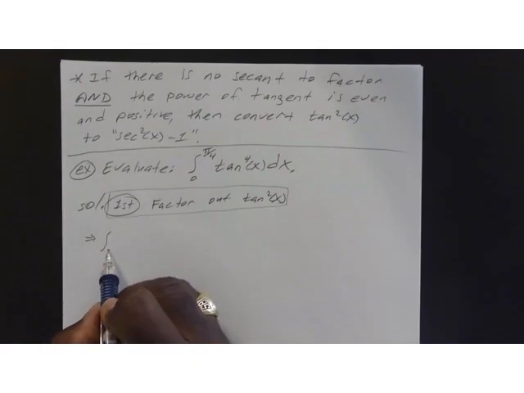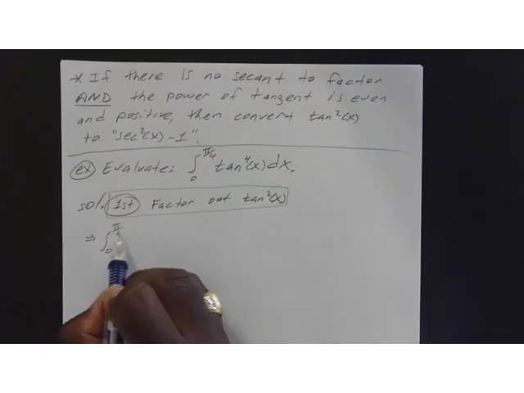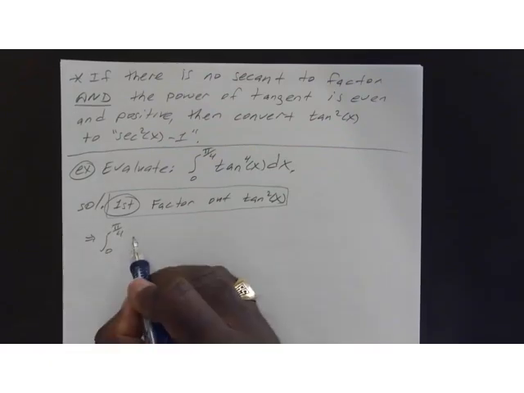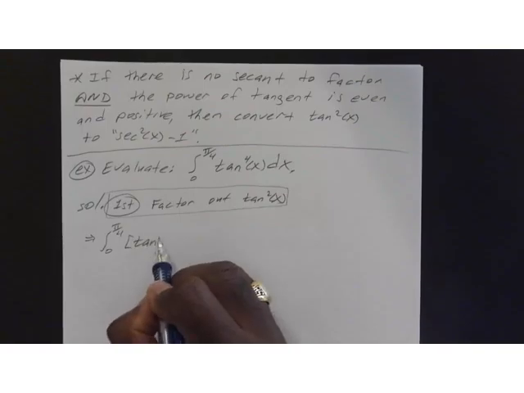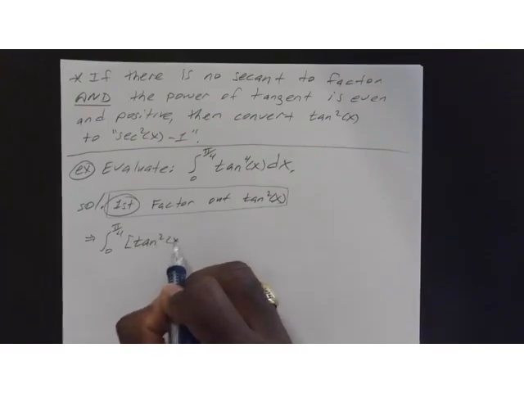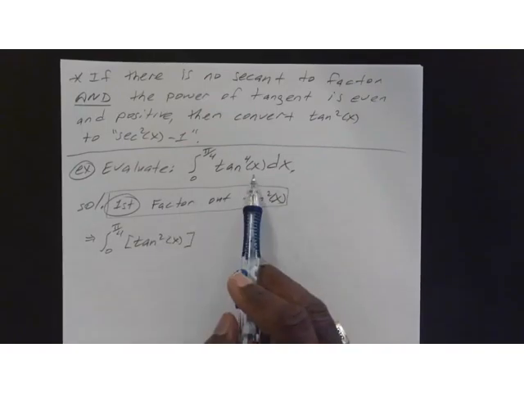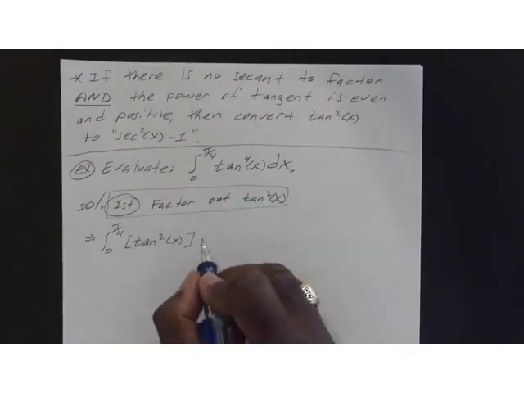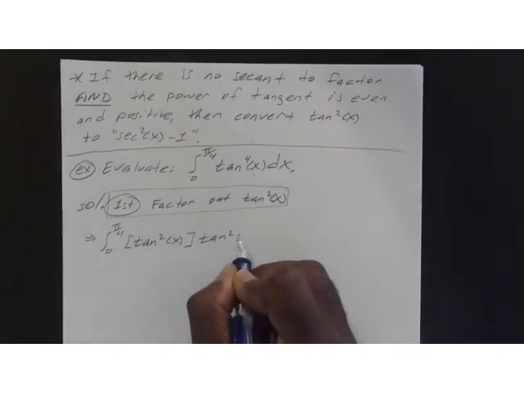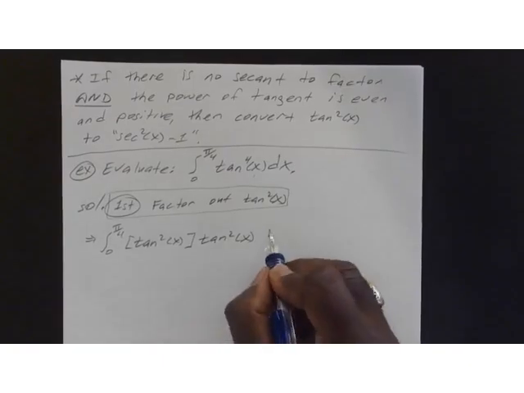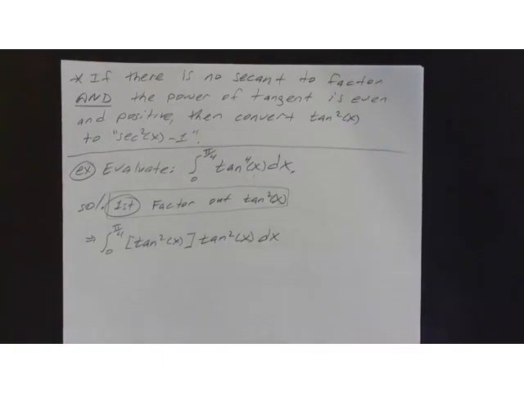So that means we have the integral from 0 to pi over 4 of tangent squared of x, times the tangent squared that we factored out, with respect to x.